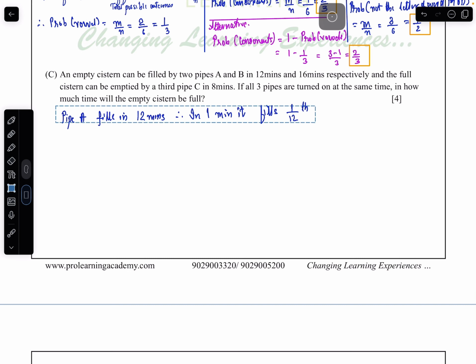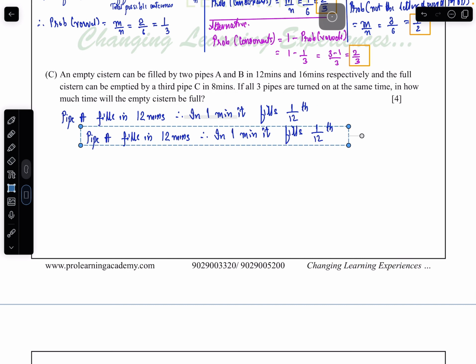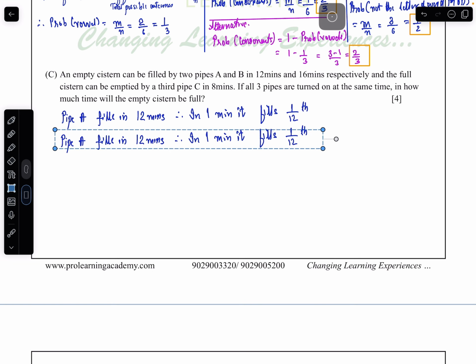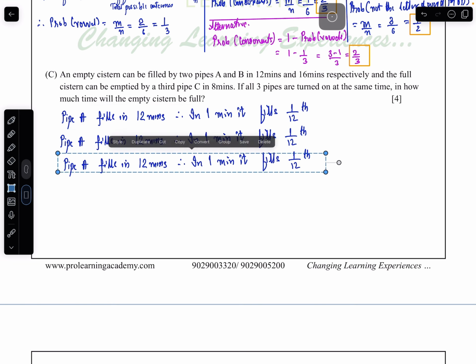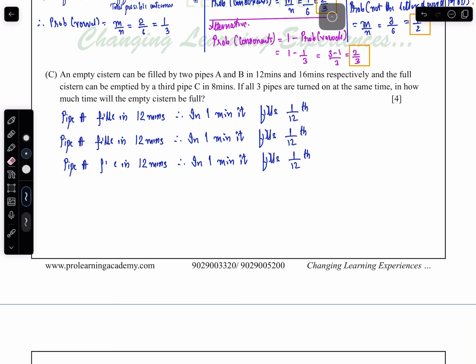We will move on to pipe B, and then we will have to move on to pipe C as well. These numbers need to change. Here we knew it was 16 minutes, so we write 16 here. So this becomes 1 over 16 in 1 minute.